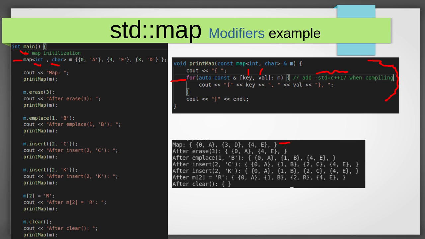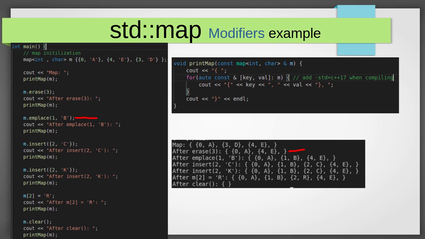So here, this is our map. This line erases the key 3. So after calling this erase 3, it will remove this pair from the map, and so in this line you see the pair 3 is removed.